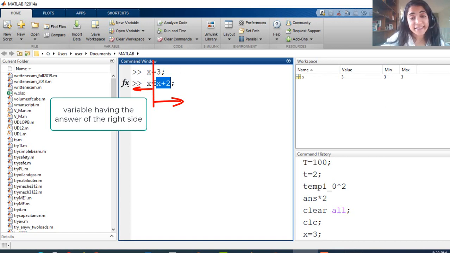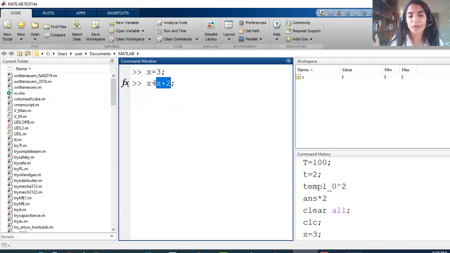If x is not previously defined, then Matlab will define a new variable called by this name and put inside it a value of 5.